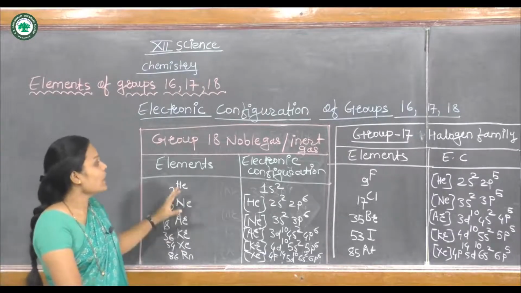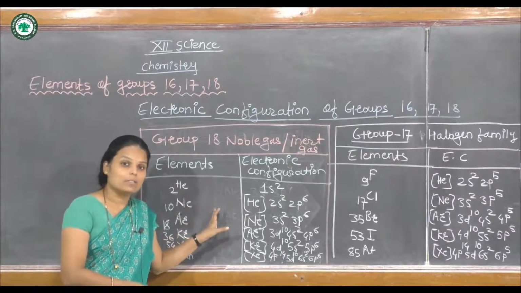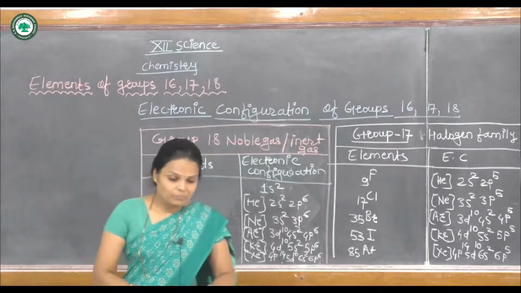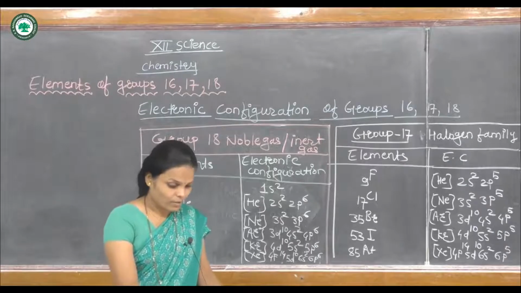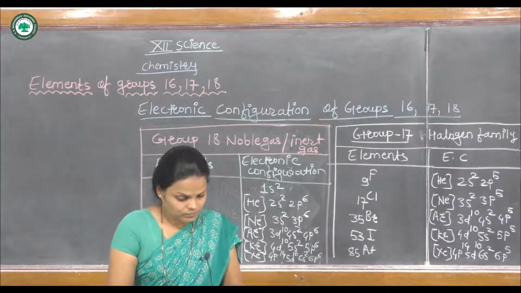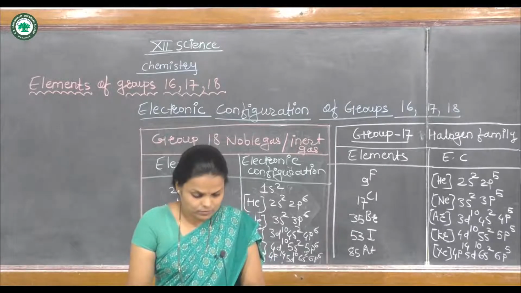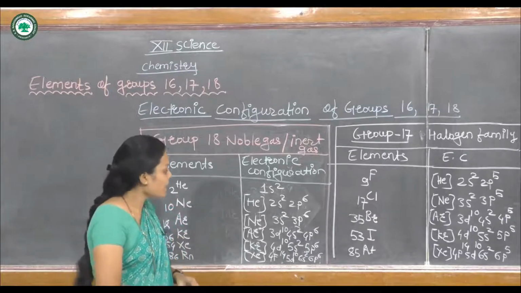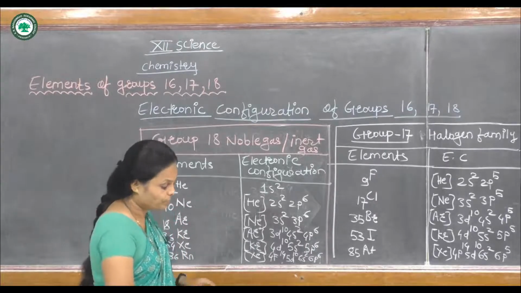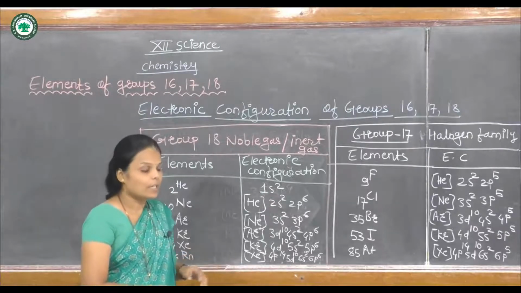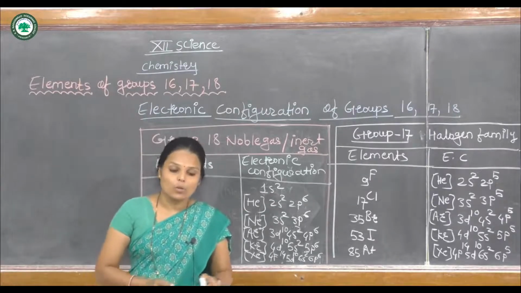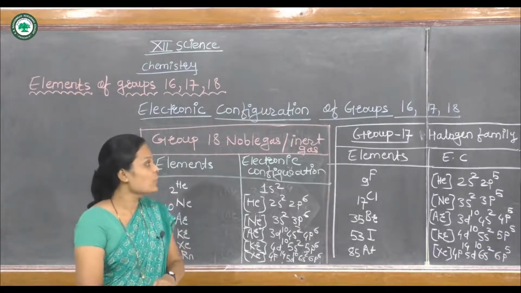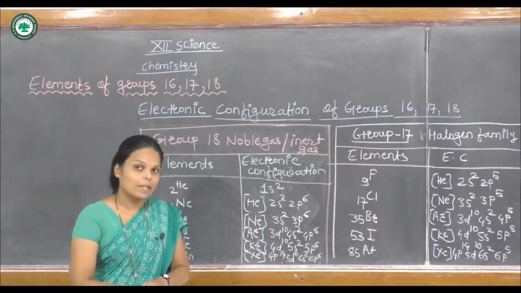The noble gases are found in nature, except that xenon and radon are the rarest elements, and radon is a decay product. Today we studied the electronic configurations of groups 16, 17 and 18.